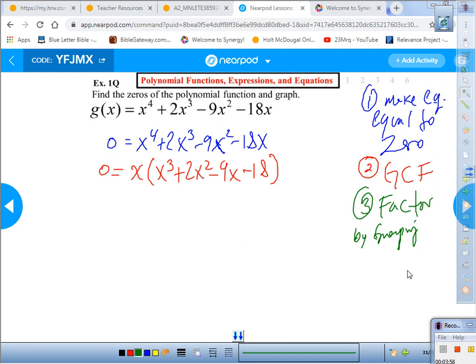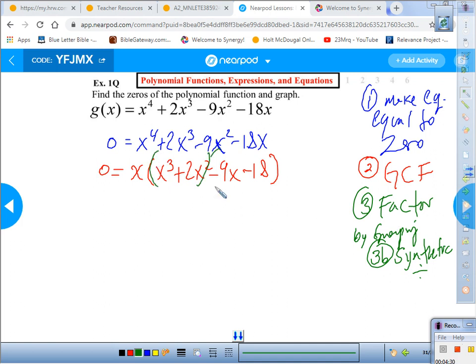If you cannot find factors by grouping, step B would be synthetic division. First you check for what? By grouping. If not, you go to what? Synthetic division. Don't go straight to synthetic division because most of the time it will work, but you're going to do a lot of extra work. So let's try by grouping first. Let's see if it works.